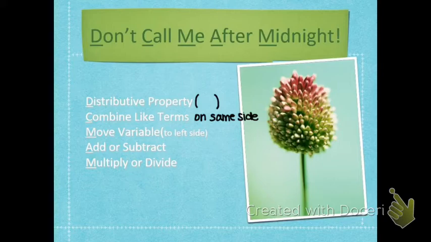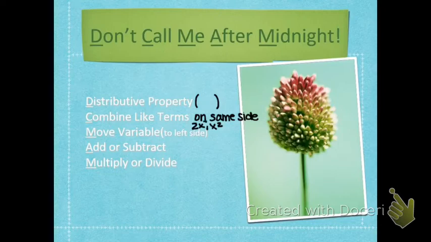But let's talk about like terms. Let's refresh our memory. If I were to give you 2x and x squared, are those considered like terms? No, they are not. Why are they not? They both have an x in them, but one has an exponent of 2 and one of them has an exponent of what?